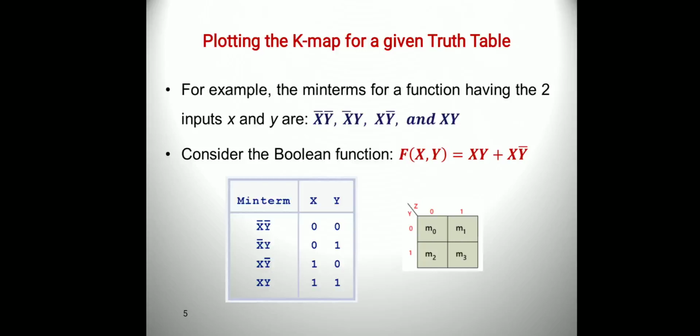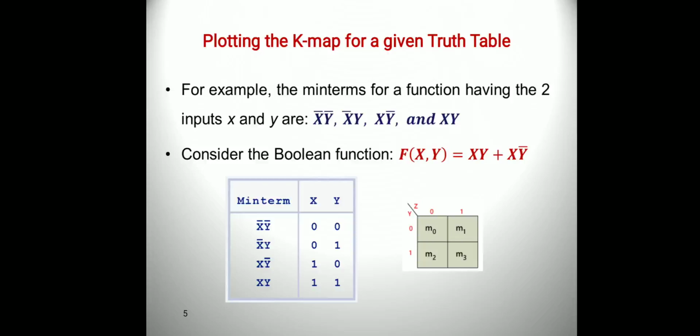Consider an example having 2 input variables. Consider the function f(x,y) equal to xy plus xy complement. As we know, if there are 2 input variables, then there are 4 possible minterms for the different values of x and y.